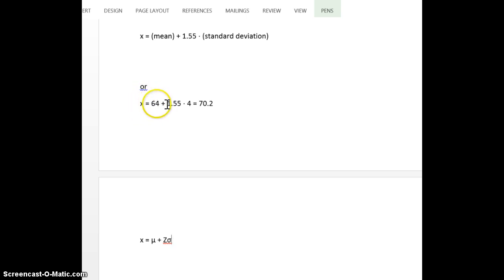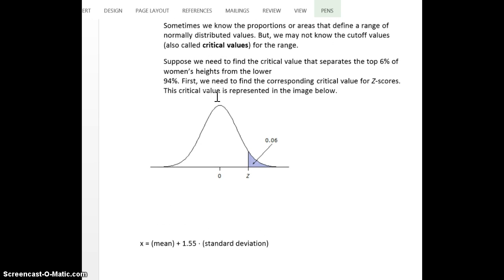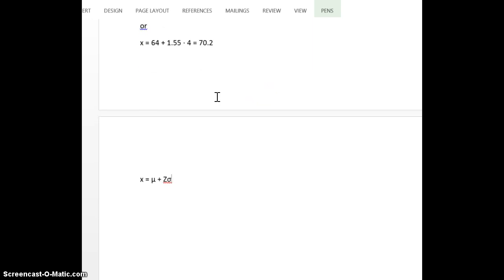So the x value is 64, the mean, plus the z value we just got, 1.55, times the standard deviation 4. So for the tallest 6% of women's heights, what is the woman's height? It is 70.2 inches.